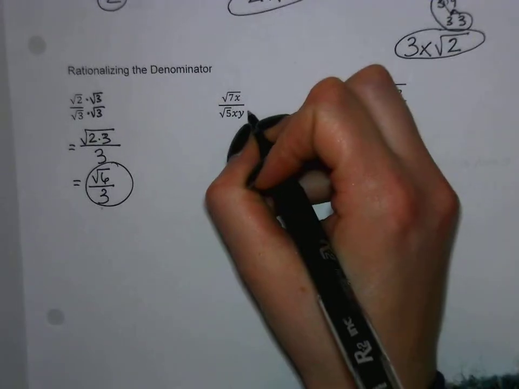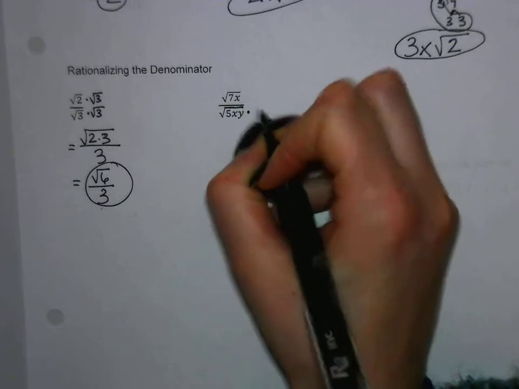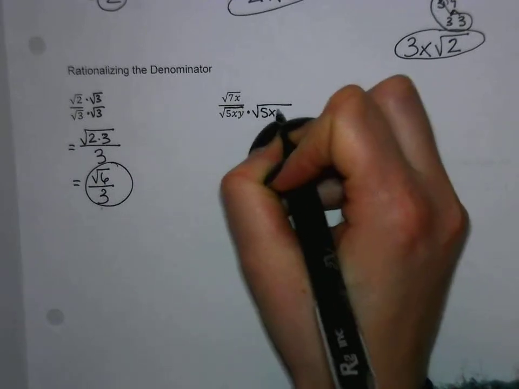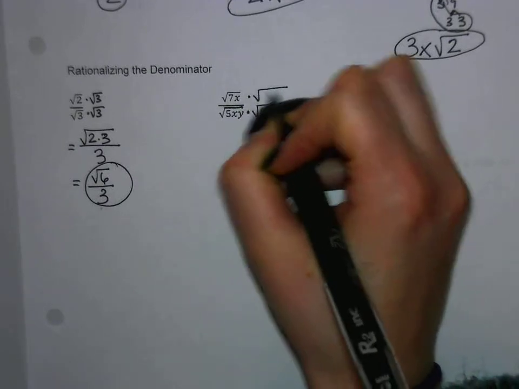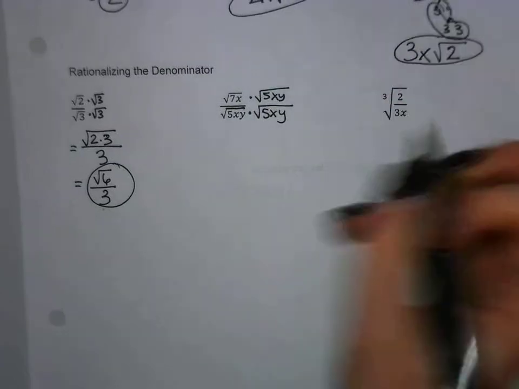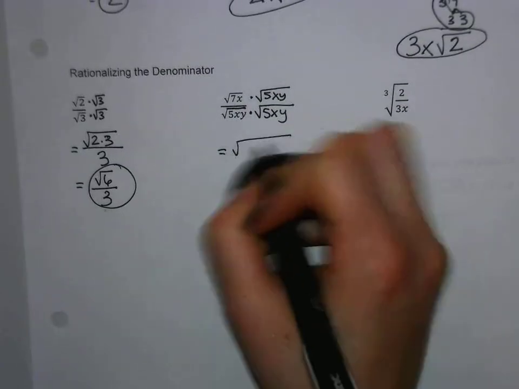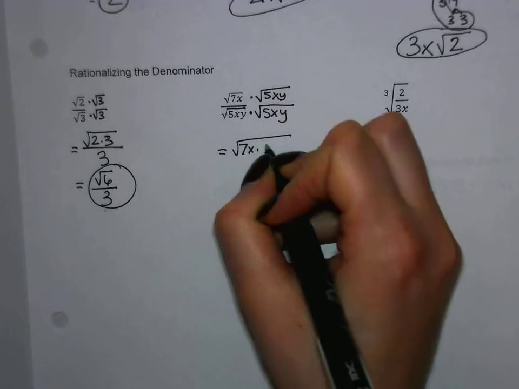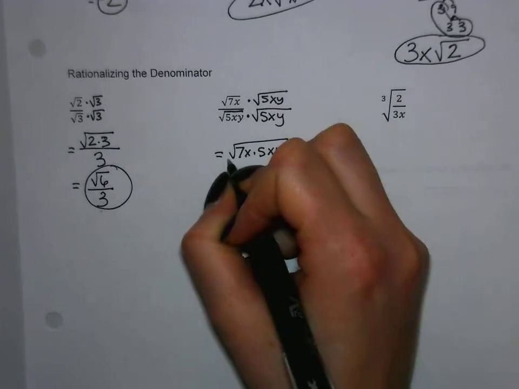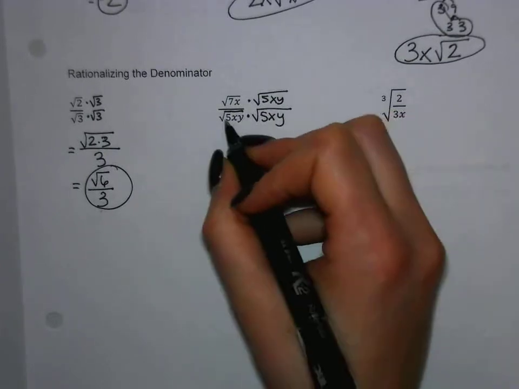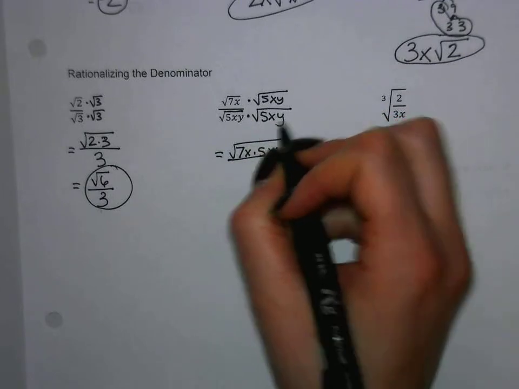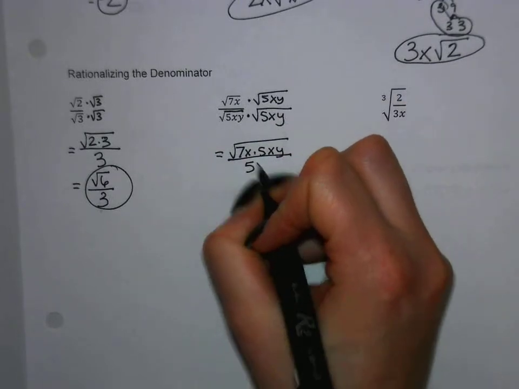To rationalize this one, we multiply the numerator and denominator by the square root of 5 times x times y. That gives the square root of 7x times 5xy, all divided by the square root of 5xy times 5xy, which is just 5xy.